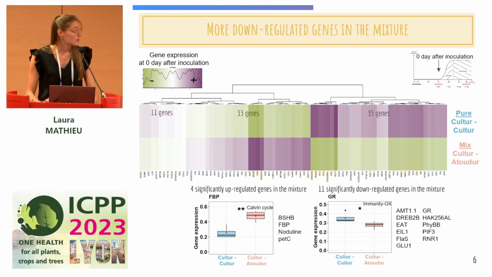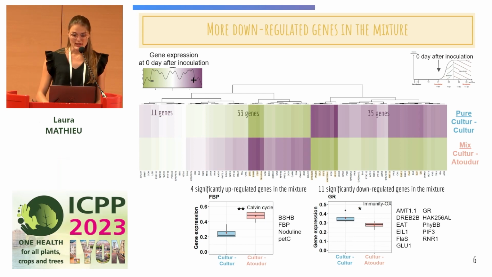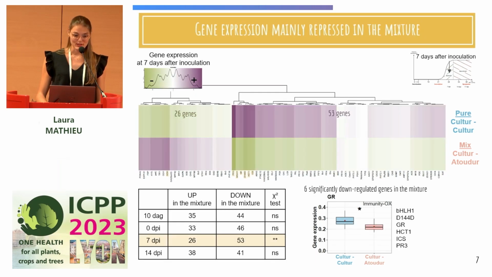For 0 days after inoculation, there are few genes that are differentially expressed between the mixture and the pure, and among them, most are downregulated, 11 out of the 15 genes. So before the inoculation, we barely observe a response to neighbors in the focal plant Culture. But at 7 days after inoculation, the response is much clearer.